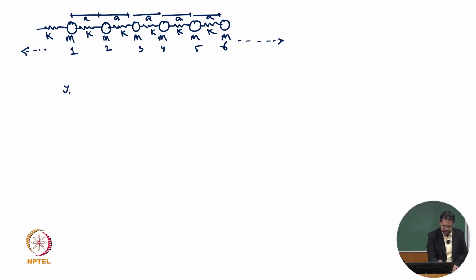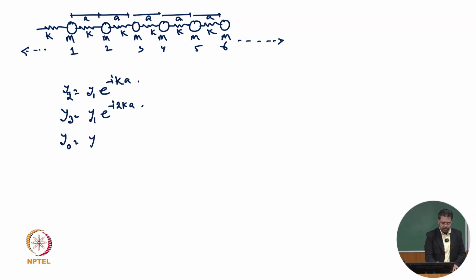So let's say y2 will be equal to y1 into e to the power of minus i k a. Very simple. What will be my y3? And what will be my y0? Anyone? Here we have a y0. What will be y0?